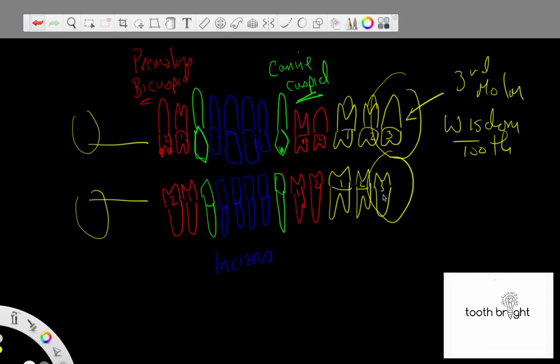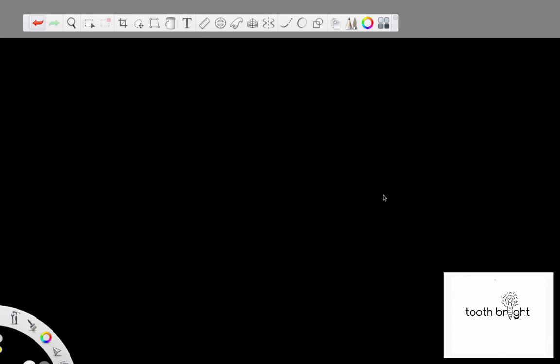So now let's look individually at these teeth. Let's look at what makes up the structure of a tooth itself. This is just a very basic descriptor. You have the crown, which is the portion above the gum tissue that we see.